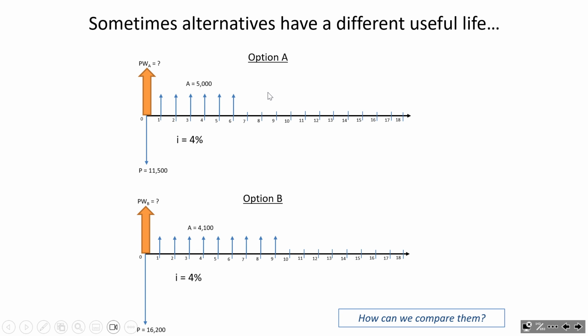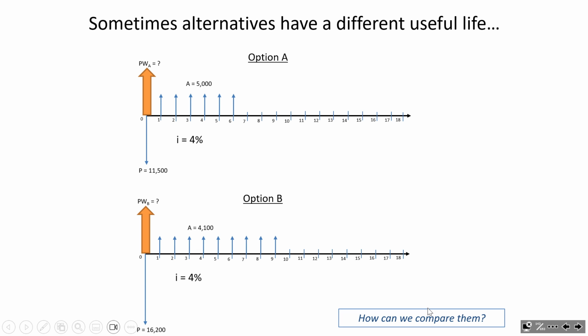The study period is how many years the equipment is in operation. Option A goes for 6 years, option B goes for 9 years. So we can't compare them unless we do something to make the study period the same.